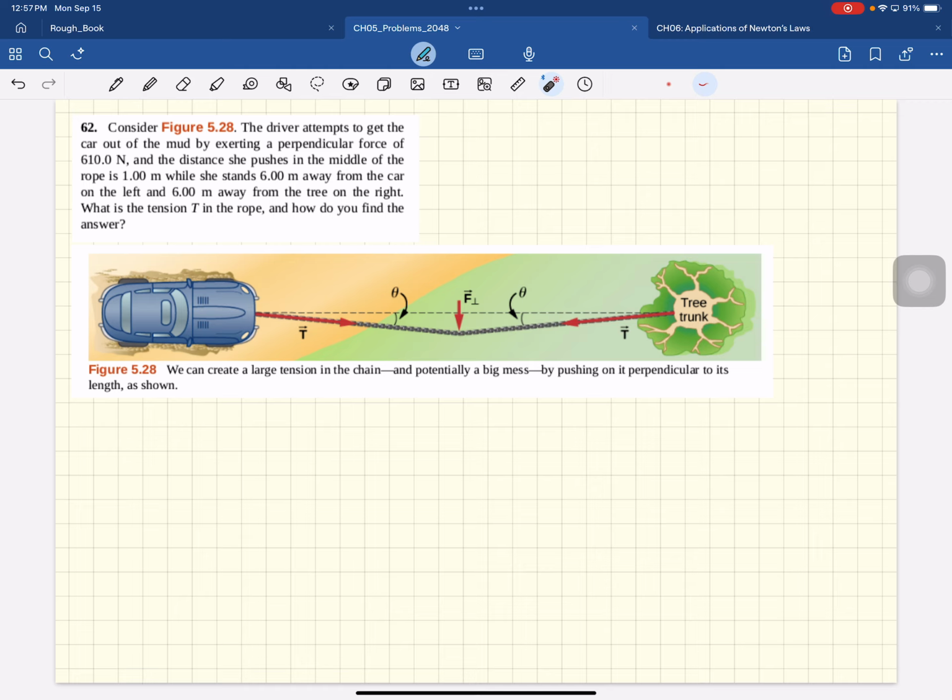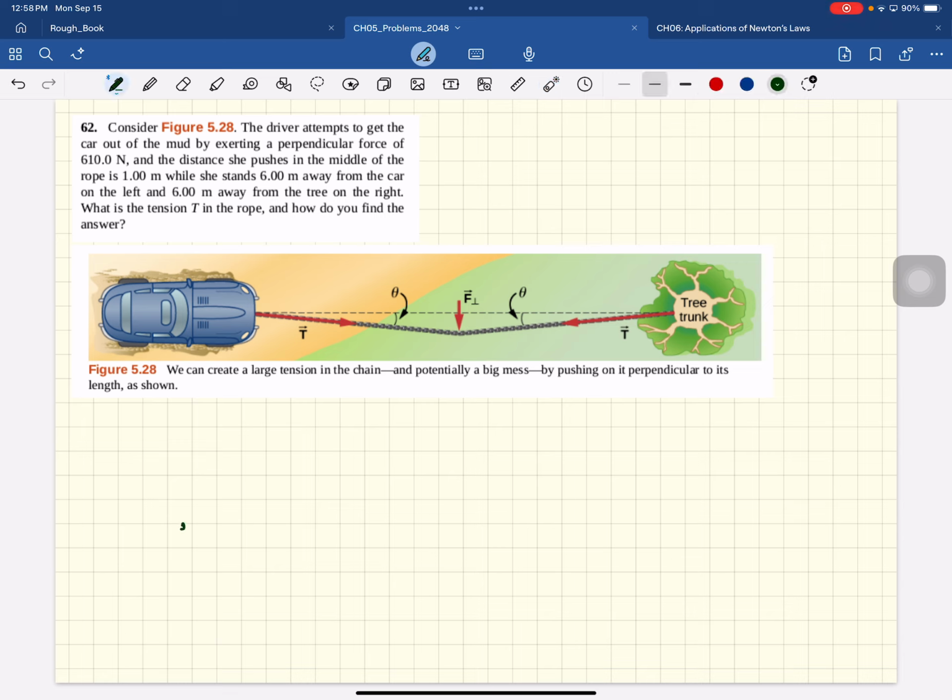Okay. So what we'll do is look at this point. There are 3 forces acting on this link, so to speak. Think of that link. There's a force F that you're pushing. The tension in this rope is acting in this direction, and the tension in this chain is acting in that direction.